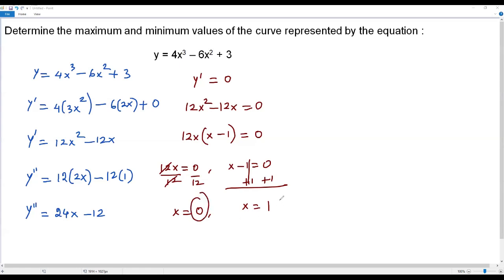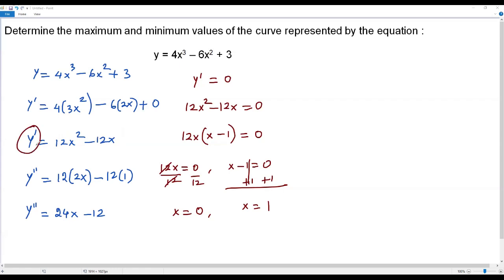These two values are called critical numbers. Apart from this, we have to check whether there is any value of x for which the first derivative does not exist, that is, where y prime becomes undefined. Actually, we don't have a rational expression here. If there were a rational expression, the first derivative could become undefined for some value of x, and that value of x would also be considered a critical number. But here there is no such value of x.